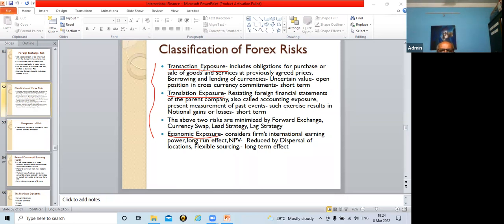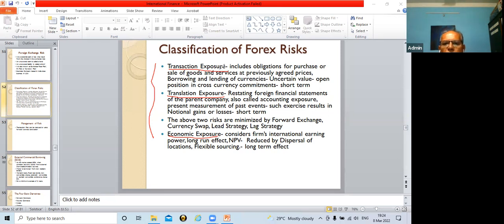Now, in order to avoid this fluctuation, is there any solution? Yes, there is a solution. कारण ही रिस्क आहे, so to avoid this risk there is a solution. So what is that solution?